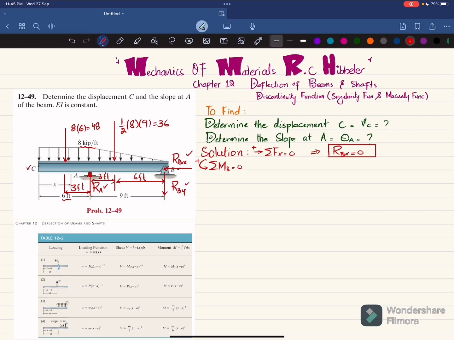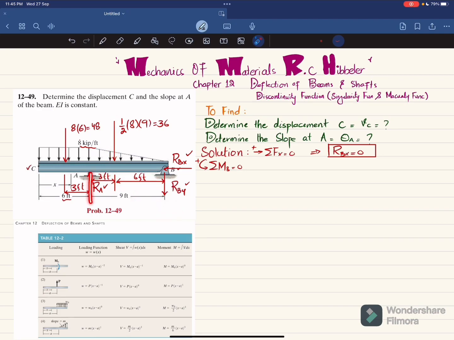Okay. Now the sum of all moments about point B is equal to 0. These two forces do not produce any moment because they pass through this point. The first moment is produced due to this load, which is 36 into perpendicular distance 6, and this is producing counterclockwise moment, so it will be positive.